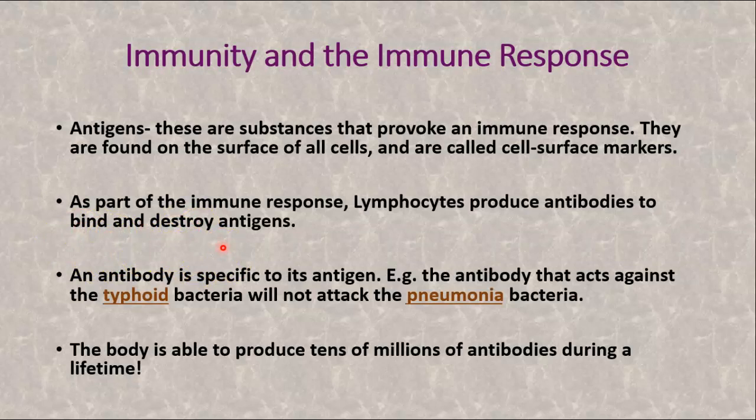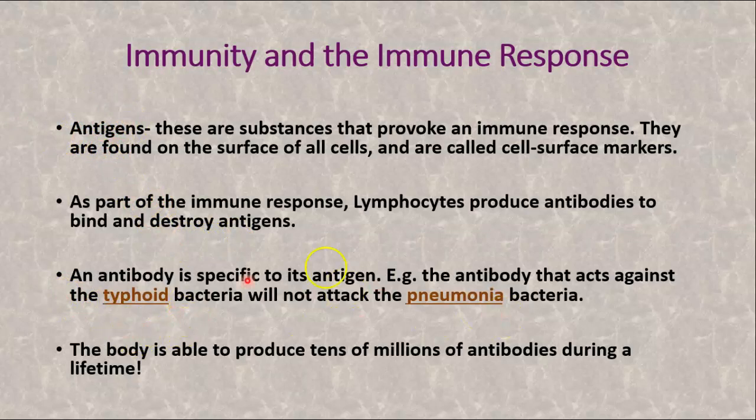It is important to note that each antibody is specific to its antigen, which means that it can only bind to that particular antigen. For example, the antibody that acts against the typhoid bacteria will not attack the pneumonia bacteria, because the antigen is of a particular shape that allows the antibody with a particular shape to bind with it.